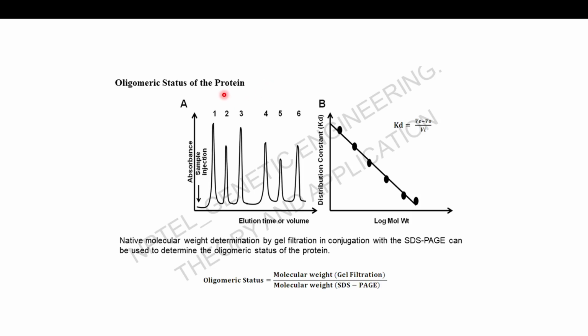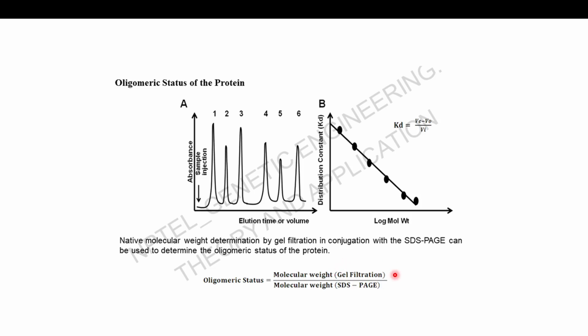In case the protein is oligomeric, like a dimer, tetramer or trimer, those interactions will be hampered in a reducing electrophoretic gel like SDS-PAGE, and then you can determine the oligomeric status of the protein of your interest. So this is how we can look at the oligomeric status.